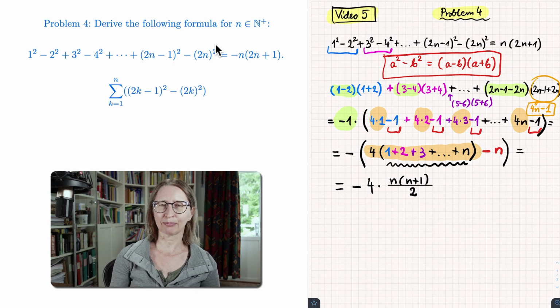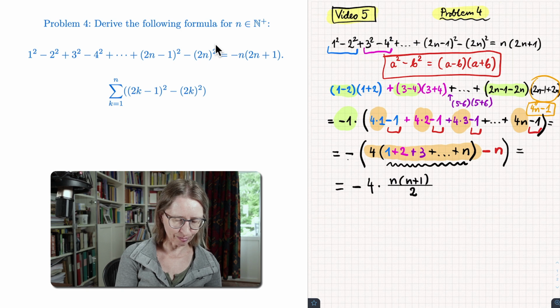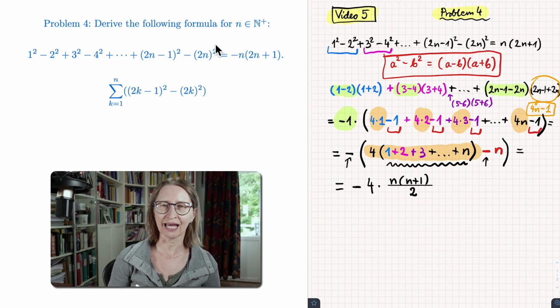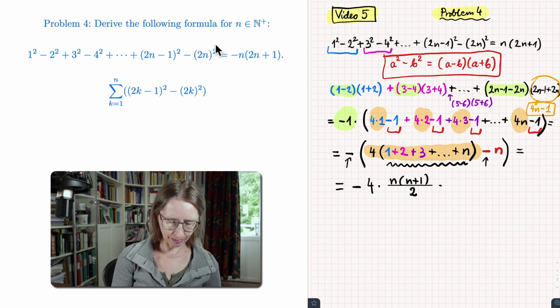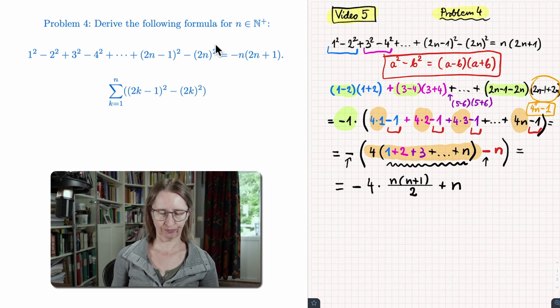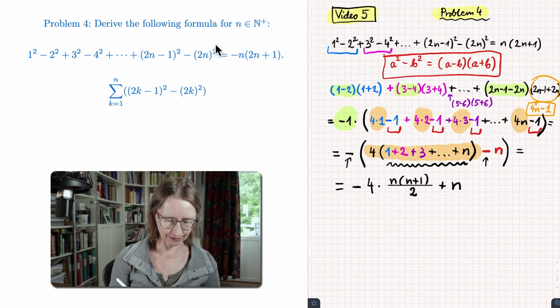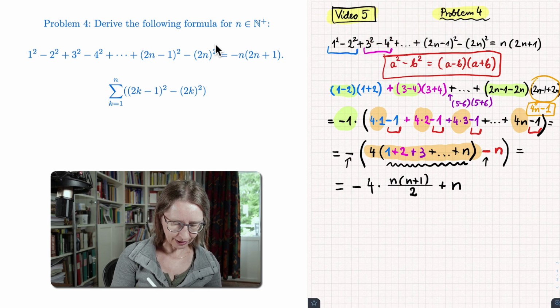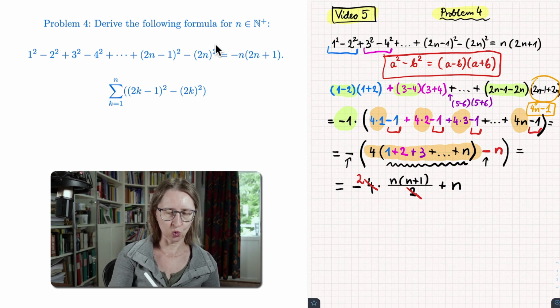And then I have to subtract n, but you see I have minus n, which will be plus n, because minus is plus. So what I see here is that I have some cancellation. Here I will just get 2.